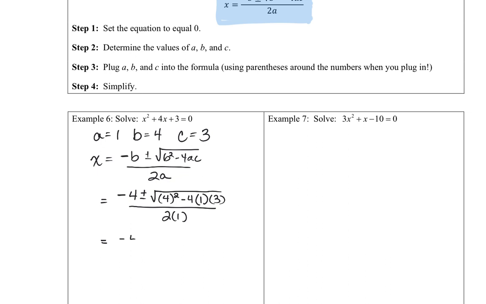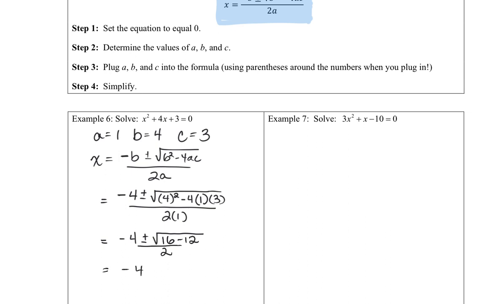So we've got negative 4 plus or minus the square root. Now be really careful with this part. This is called the discriminant. You need to be careful with your order of operations. 4 squared is 16, and then minus 12, all over 2.